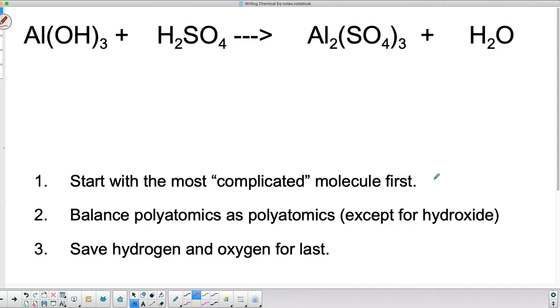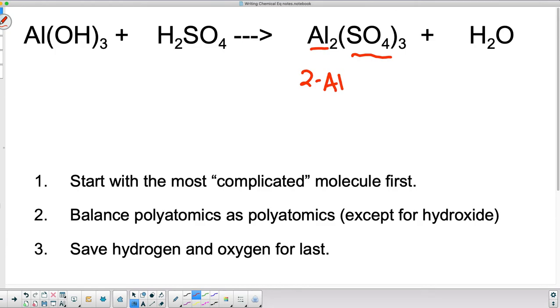If I were to choose the most complicated molecule out of the 4 molecules that are here, I would probably choose this one here because I see more subscripts and I have parentheses and a polyatomic ion. So I would probably choose that one. Now this one has 2 aluminum.